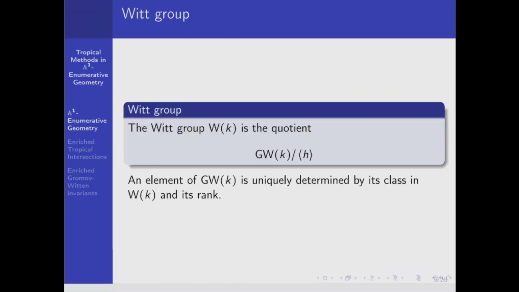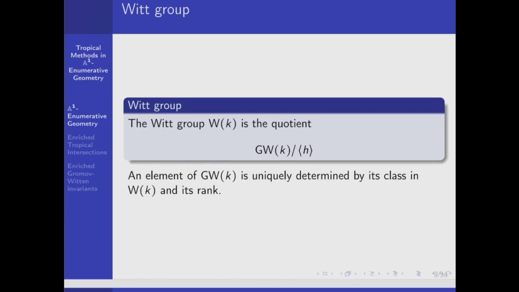Okay, so what is the Witt group? The Witt group is the quotient of the Grothendieck ring of the field divided by the ideal generated by H. It's a different group, but when we do arithmetic in the Grothendieck ring, it's sometimes easier to just send the ideal generated by H to 0, because an element in the Grothendieck ring, so a quadratic form, is determined by the rank and the class here, right?